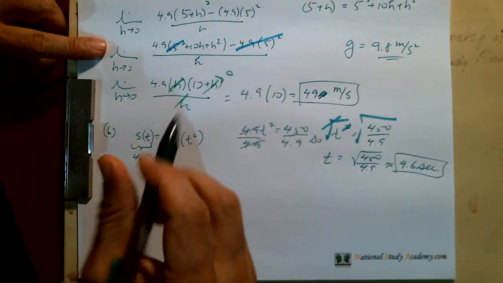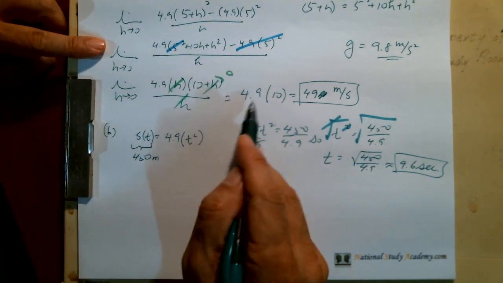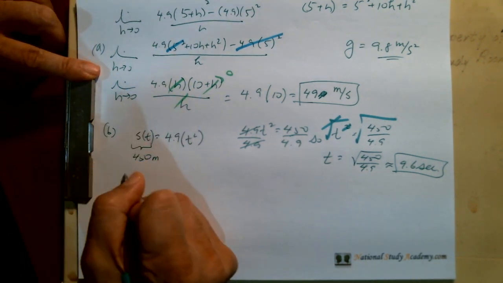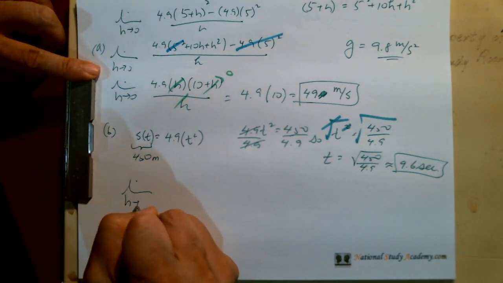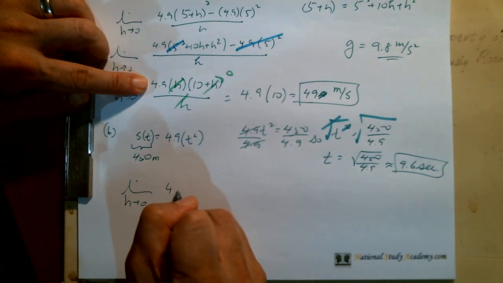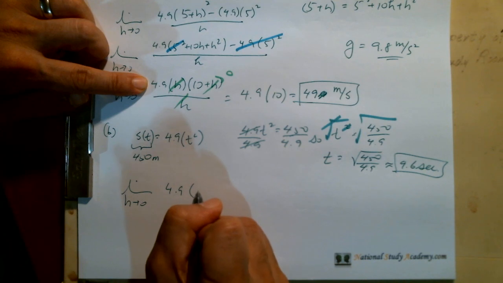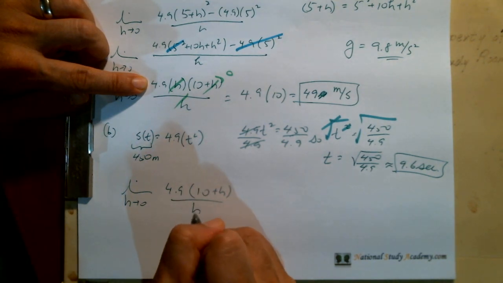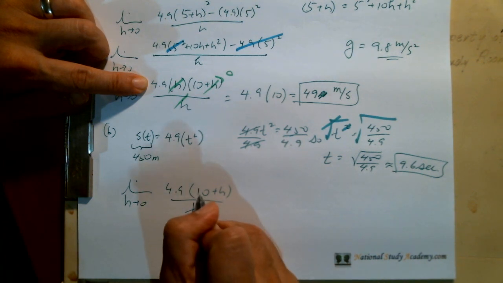Previously what we had was 4.9 limit as h approaches 0. We actually had this equation right here, 4.9 times (10 plus h) all over h.